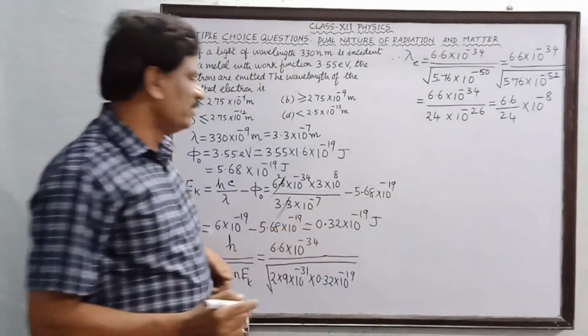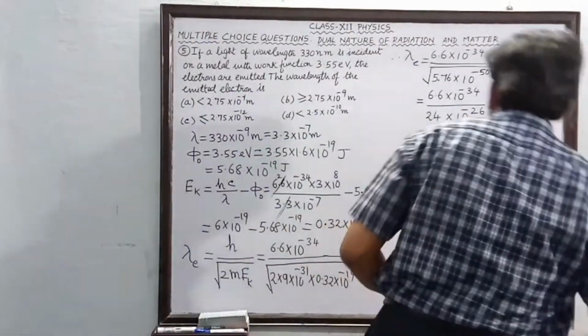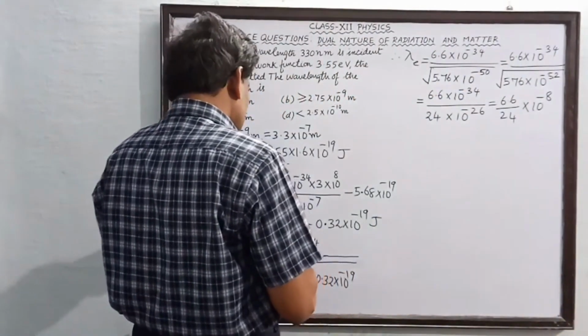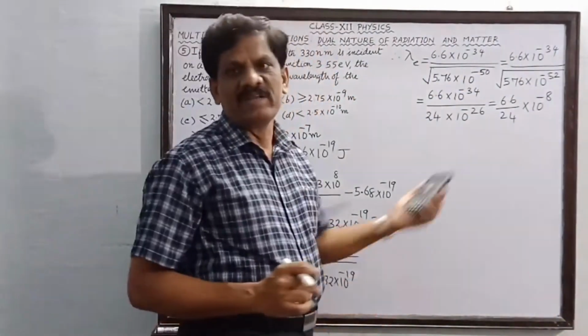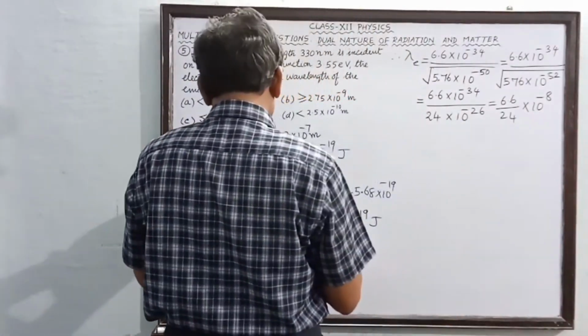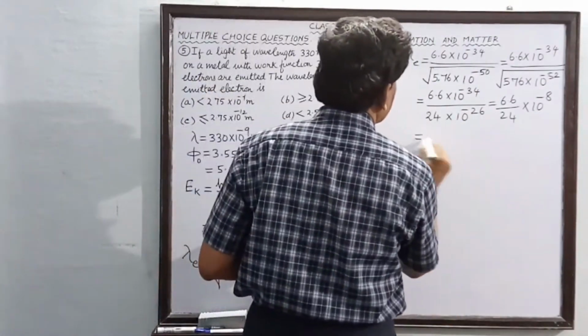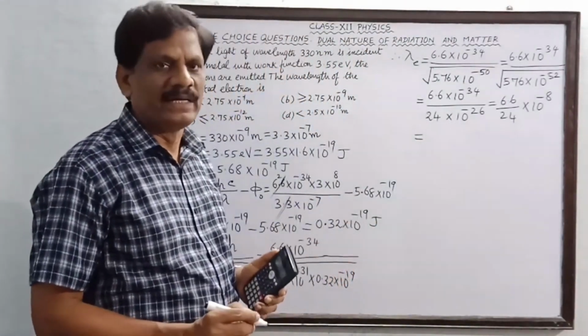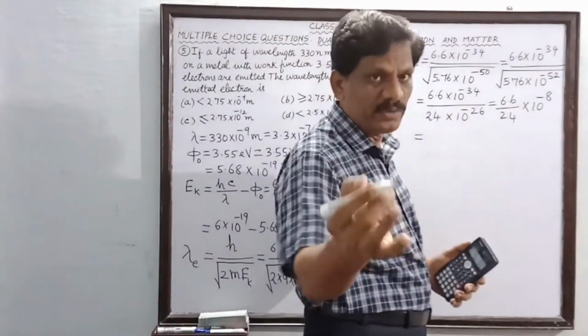Understand? So if I use the calculator once again, 6.6 divided by 24. So I get this is equal to 0.275. Understand? 0.275. You can verify now. You can check.